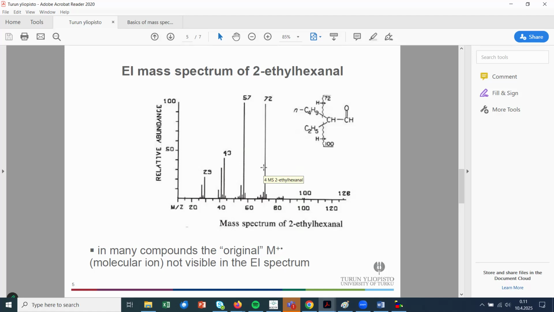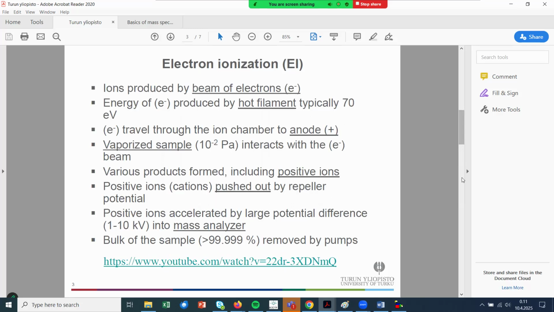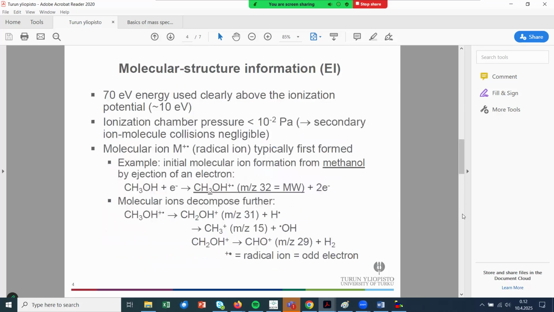And then if there is a match, you can more or less trust your identification. You can say, okay, this is the match. It seems that the 2-ethylhexanol found in the library database looks exactly like my own results. So probably my compound also is 2-ethylhexanol. Yes, so this is typical for electron ionization.